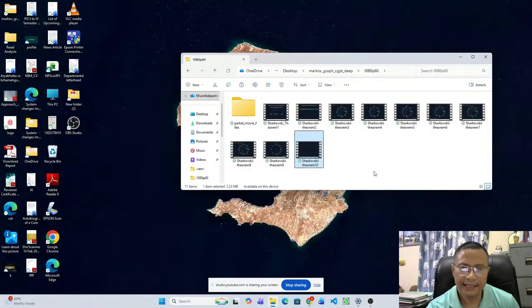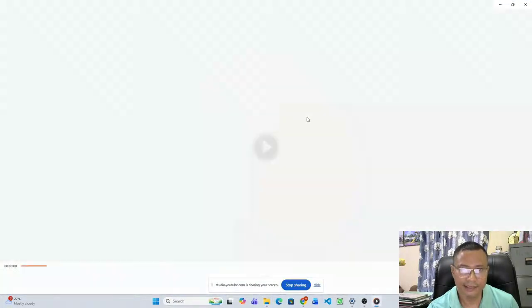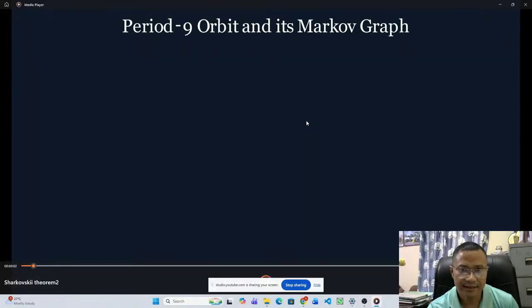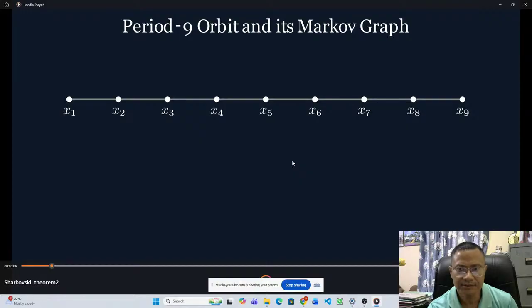So the whole idea can be understood easily. If we go back to the orbit, you see how to draw a periodic orbit of period 9. There are lots of periodic orbits of period 9. Specifically for this type of orbit, there are 9 points in the orbit: x1, x2, x3, x4, x5, x6, x7, x8, x9.